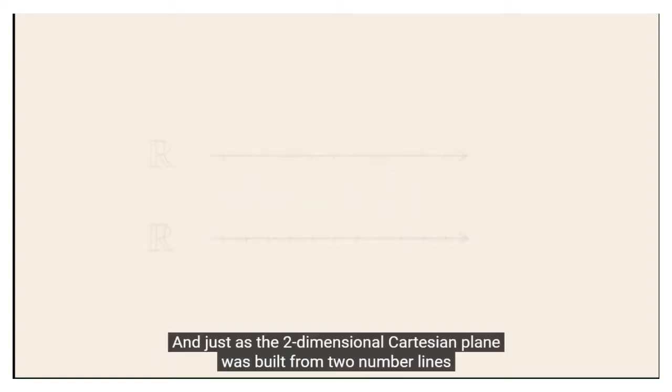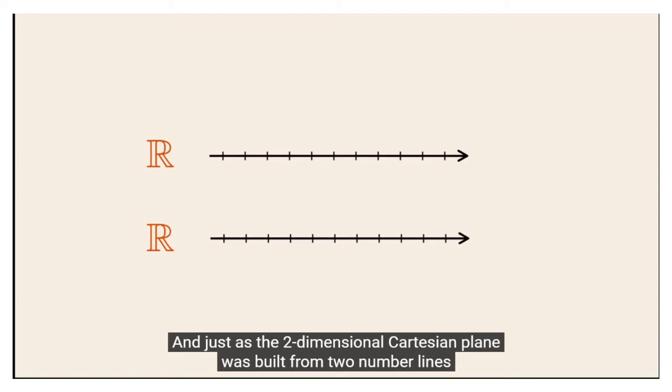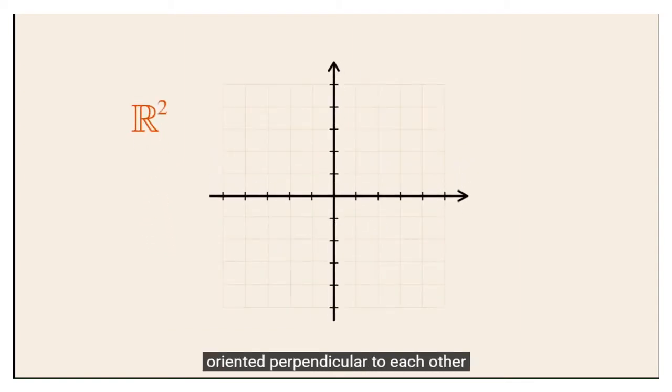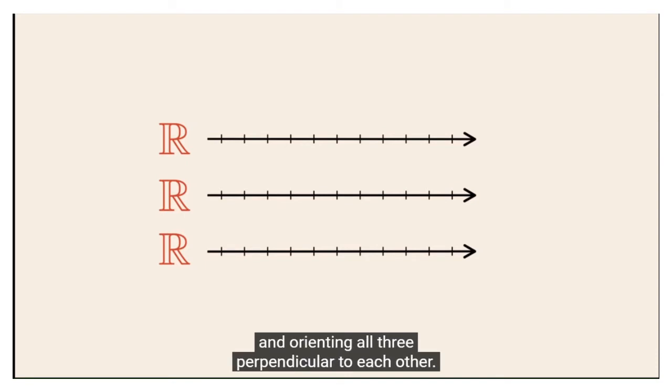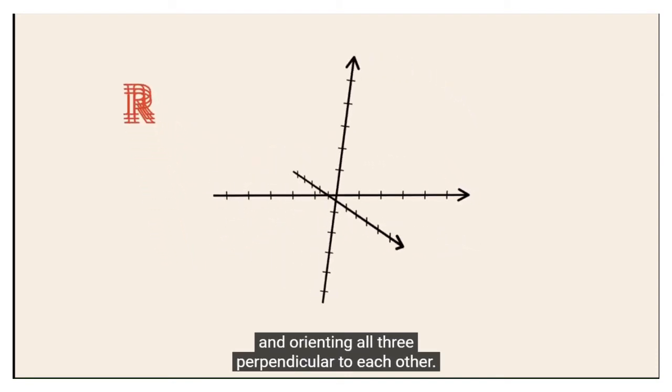And just as the two-dimensional Cartesian plane was built from two number lines oriented perpendicular to each other, three-dimensional Cartesian space can be created by taking three number lines and orienting all three perpendicular to each other.